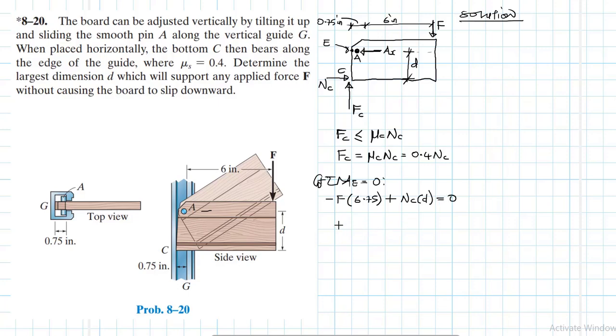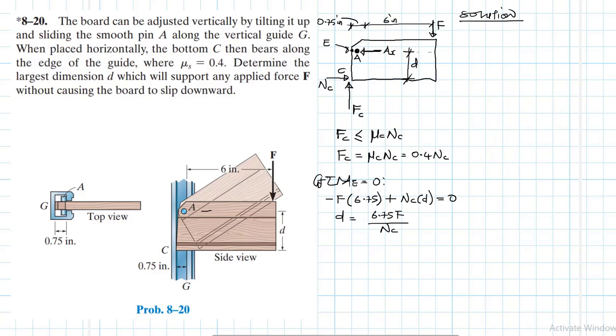Therefore, our D is going to be equal to 6.75 F divided by NC.